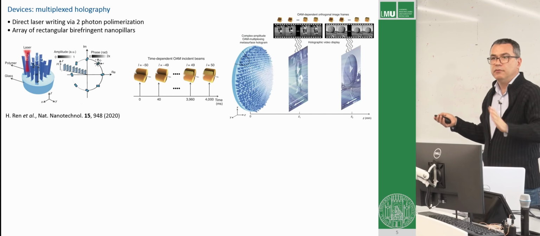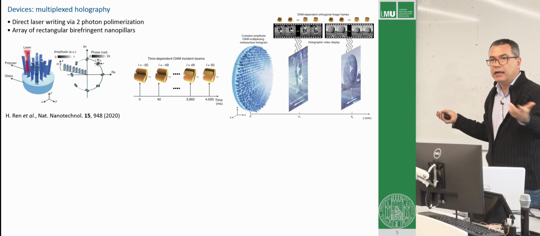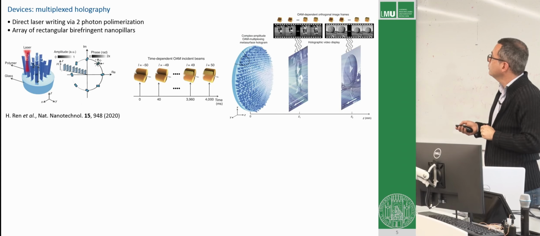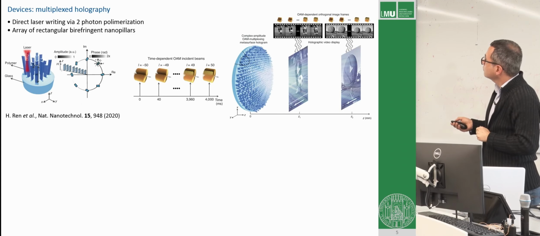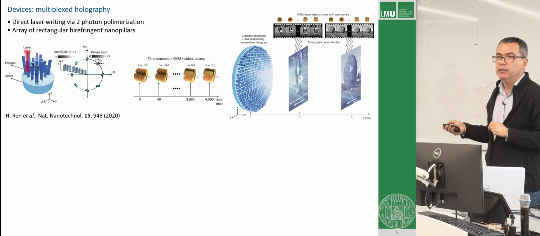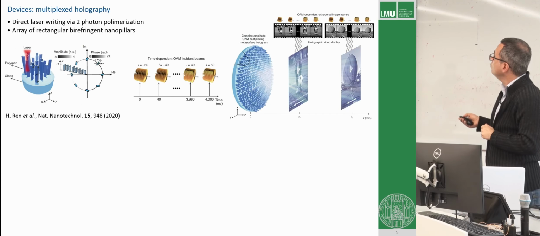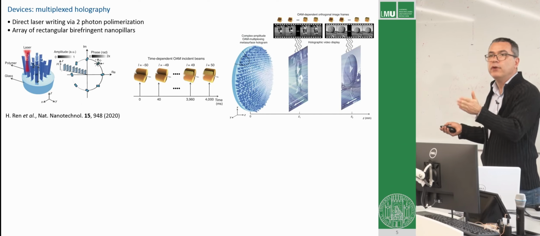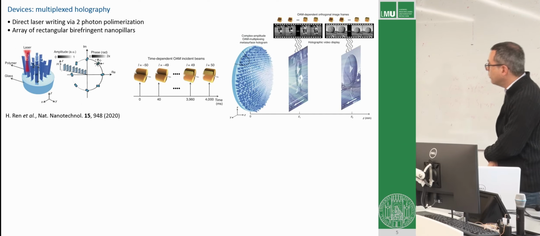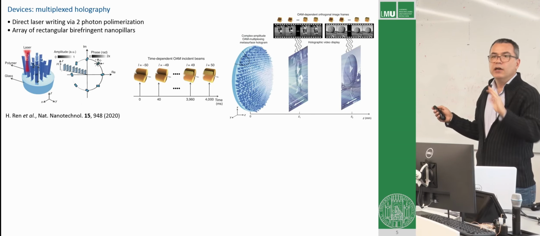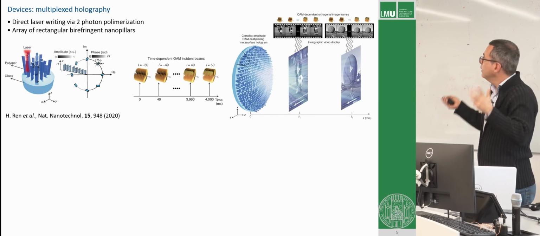So you can have a beam of light with any kind of topological charge. And then in this case, topological charges between -50 and +50 were used to produce a hologram with 100 frames at a rate of 25 frames per second. So you see the hologram, so a movie playing in space.